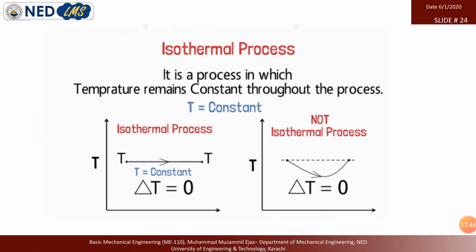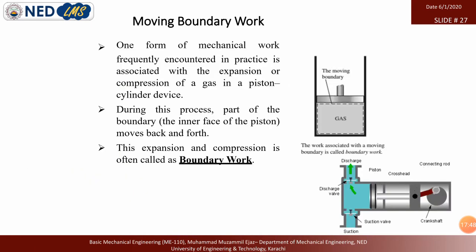But now we will solve a numerical in which the boundary of the system will change when it compresses the gas. The boundary of the system is like this, and the piston comes over here. So it's a changing boundary. When we have an expansion process, we have a boundary like this, the piston comes over here, and we have an increased boundary. Similarly to this diagram.